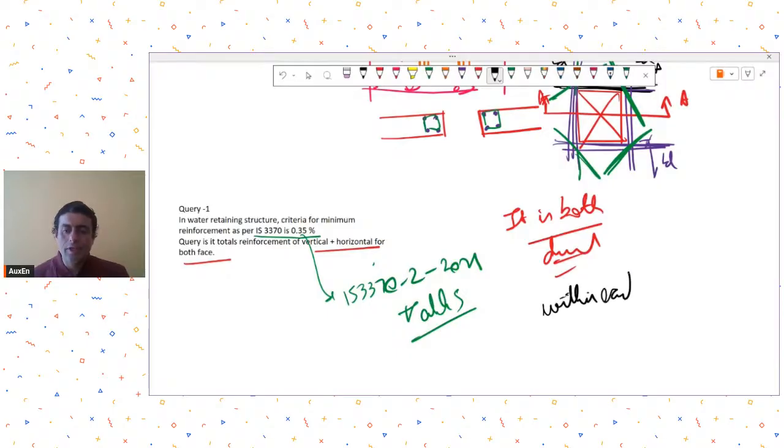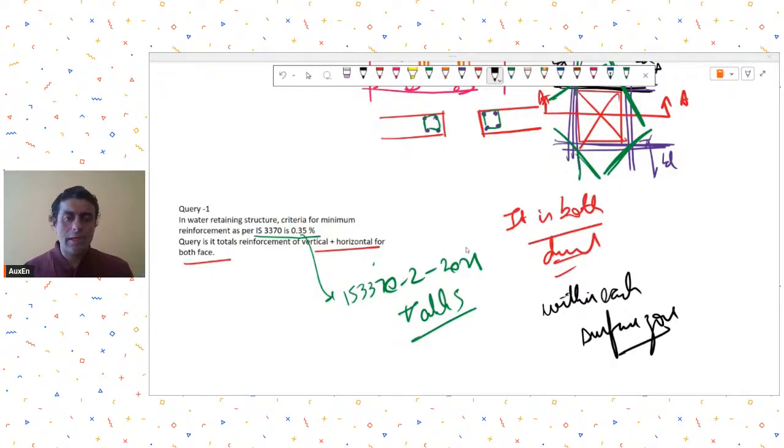And then the definition of surface zone is given for different thicknesses of your wall or slab or raft or whatever your element is. So as per your design element thickness, the surface zone is given. So it's quite clearly mentioned in the code IS 3370 part 2 2021 table 5 that the reinforcement has to be in both directions, and then within each surface zone you have to provide this specified reinforcement percentage.